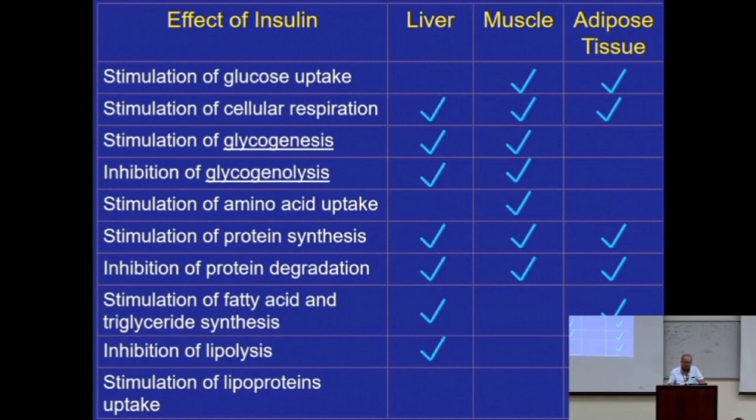The liver transporter is GLUT2, and that is a low affinity transporter. That means it doesn't have a high affinity for glucose. So, but when glucose rises in the bloodstream, the liver will start to pick up more of that glucose.